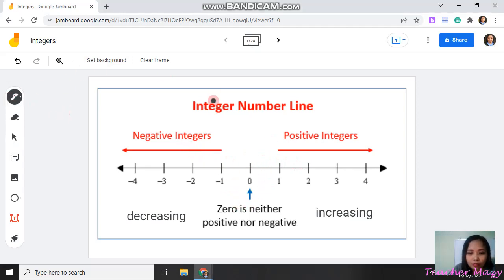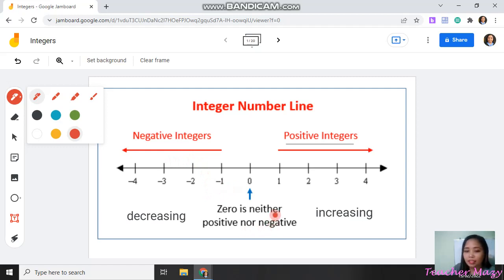On the right side of this integer number line lie the positive integers. All integers on the right side of 0 are positive integers. Next, all integers on the left side of 0 are negative integers, and 0 is neither a positive nor a negative integer, so it has no sign.